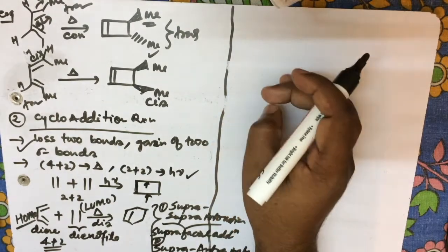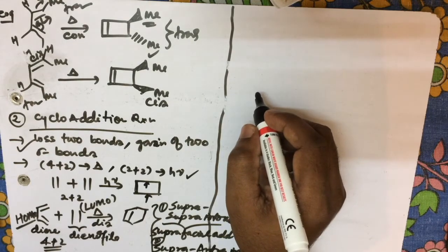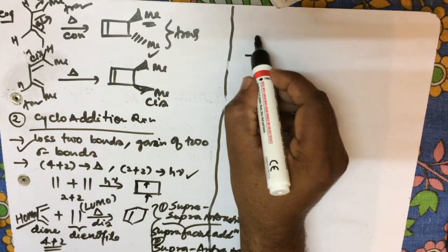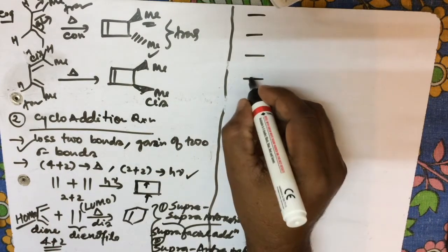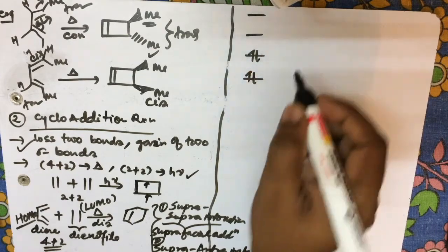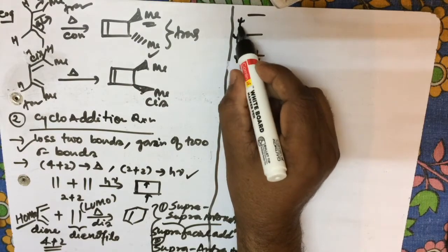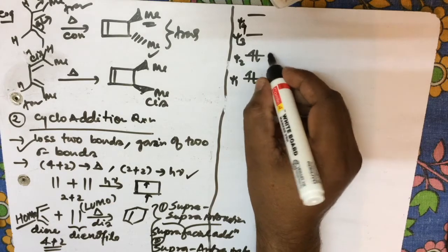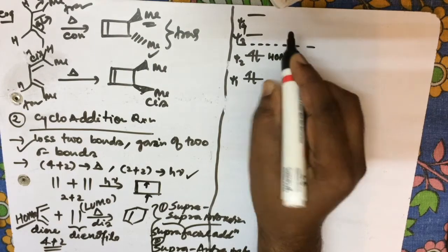So if we draw the energy levels for the diene, see like this. Here are 4 pi electrons, so 2 electrons go here, 2 electrons go here, and this is psi 1, this is psi 2, this is psi 3, this is psi 4, and this is HOMO, this is LUMO.